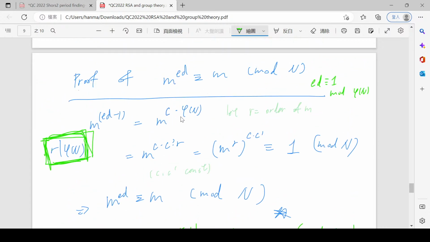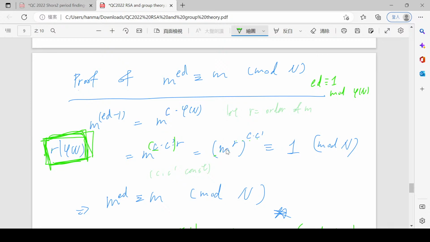So you see that R will divide phi n, then phi n equals some number, we just call it C prime, times R. Then this whole thing is R times whatever number C times C prime, we don't really care, because that means it's m to the R to the power of some C times C prime.